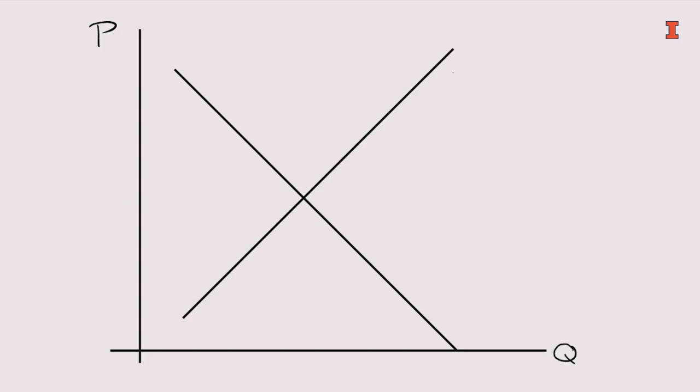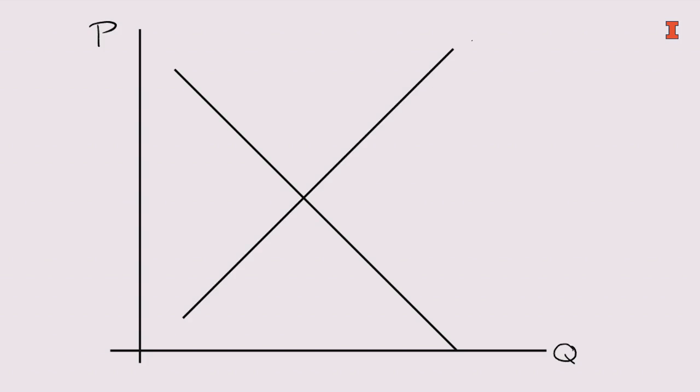Let's figure out how this market works. We're going to draw a graph, and we'll be a little more accurate than that sloppy one I just put up. We draw a vertical axis and a horizontal axis, with price on the vertical axis and quantity on the horizontal axis. Then we draw a demand curve, looks something like that, and a supply curve, looks something like that.